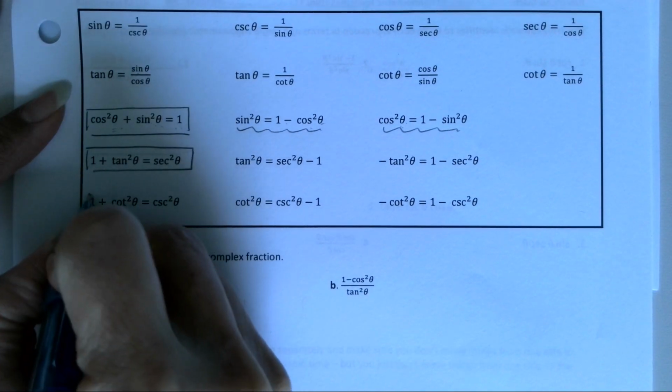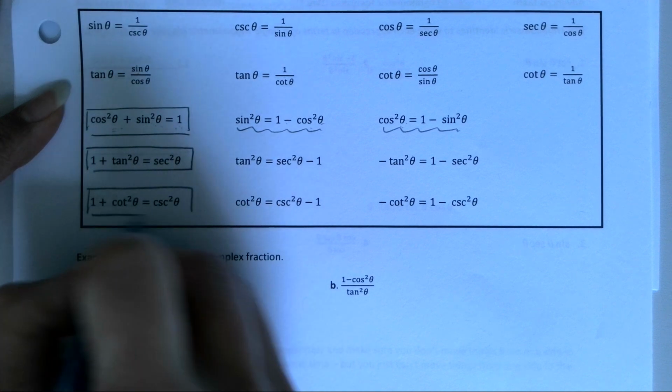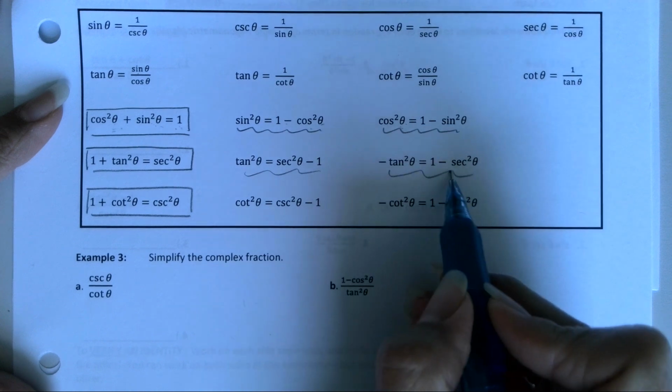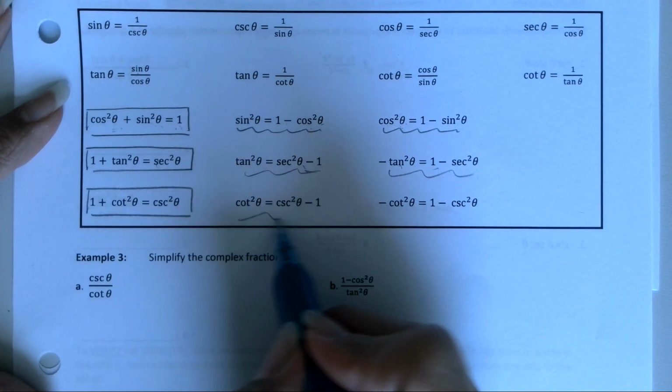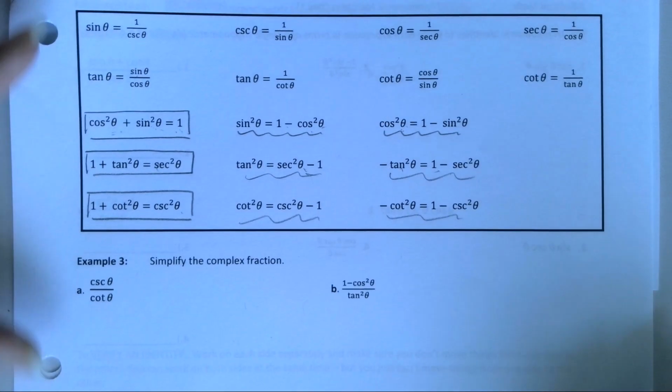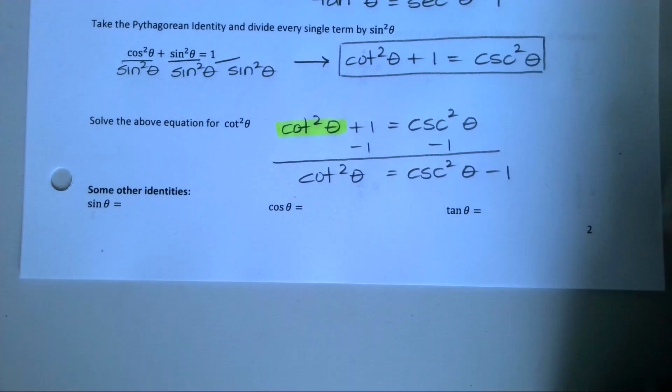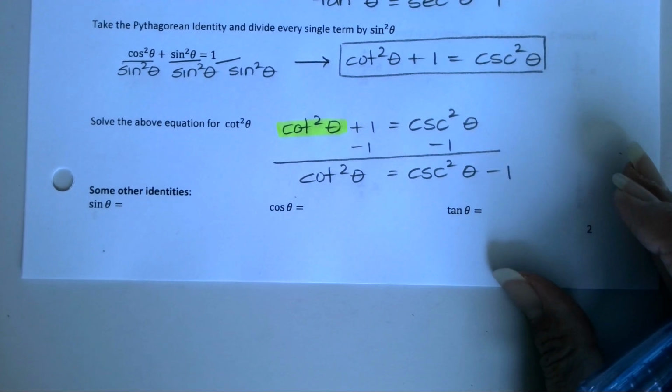Here are the second 2 boxed-in formulas that we just found, and these are the manipulated formulas for this one, manipulated formulas for this one, and there are others, but they're just providing you with some samples. Okay, any questions so far? We're okay.